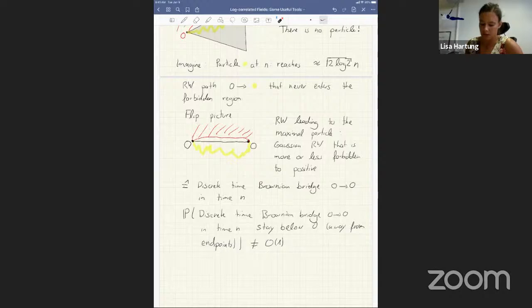And so this actually is not of order 1, but this is roughly of order 1 over n. These types of estimates, also for random walks, are referred to as ballot estimates.